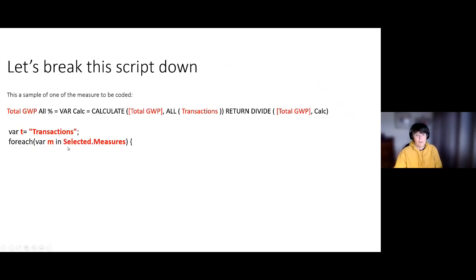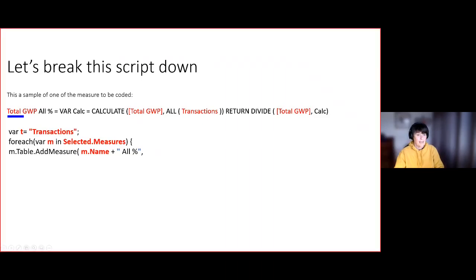For all the selected measures, this takes me back to the 4 starting measures that we have: total commission, total fees, GWP, and paid. Right, so we want those particular measures, and as before, we're just going to call it whatever the original measure is called, but add all percentage to the end.